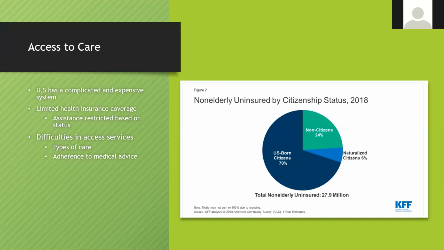You can see in the image the percentage of uninsured people in the United States in 2018. For US born, about 7% of our population is uninsured, and if you look at citizenship status, about 30% of that population is uninsured.